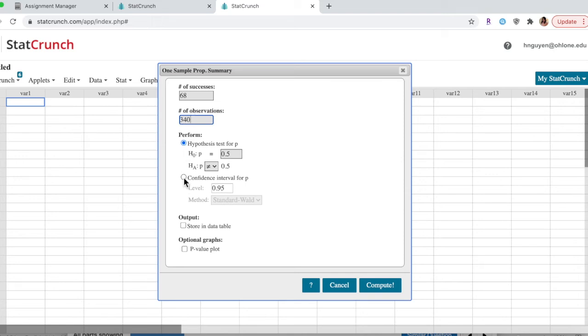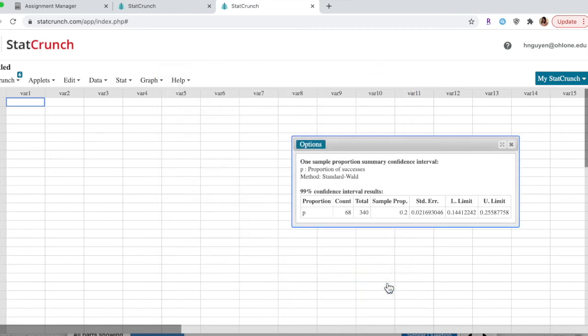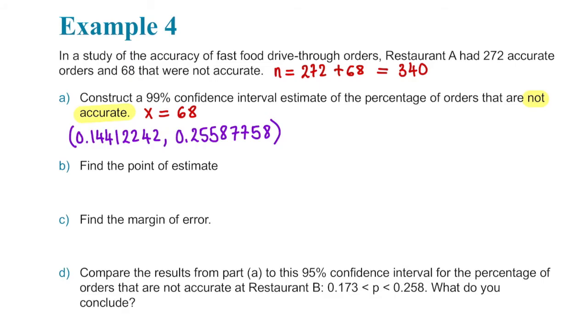I am going to click on this one to choose this. And my confidence level is 99% now. This is my lower limit, and this is my upper limit. My lower limit is 0.144122242. My upper limit is 0.25587758.